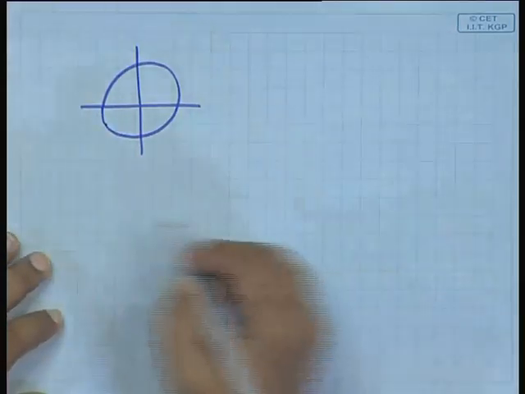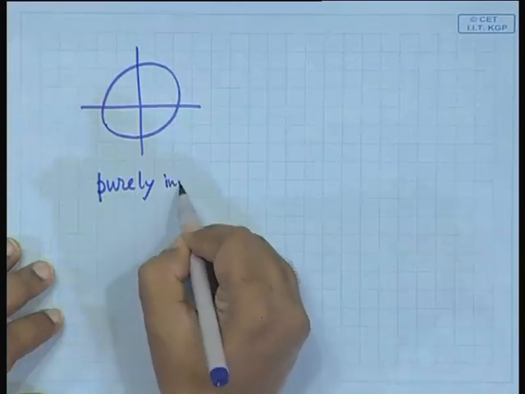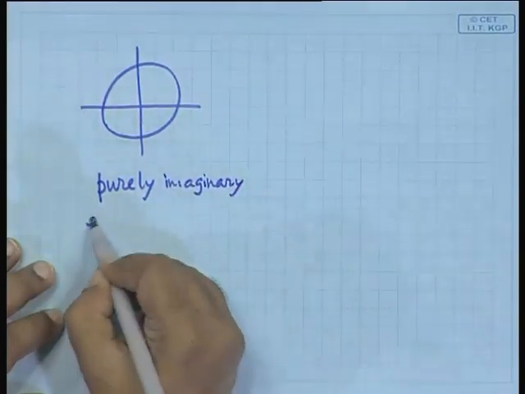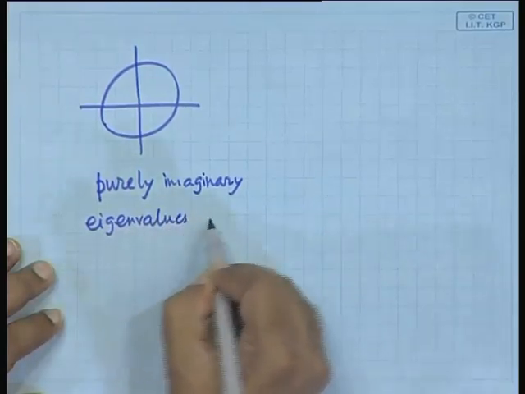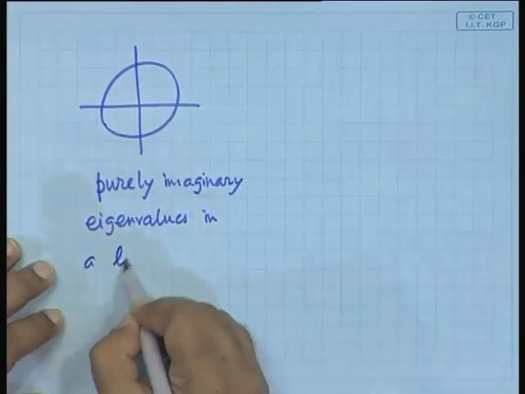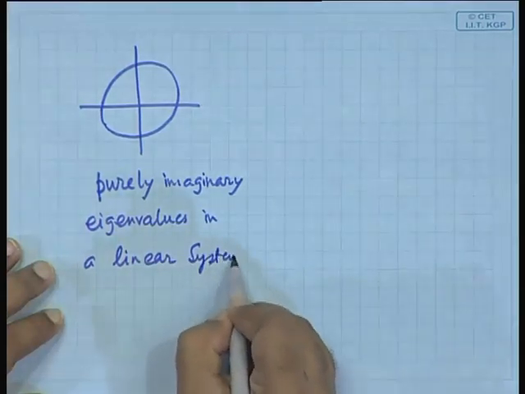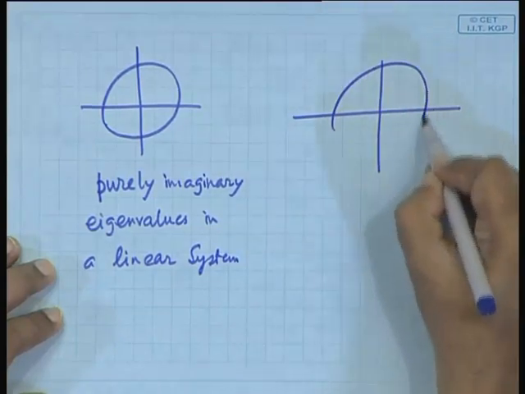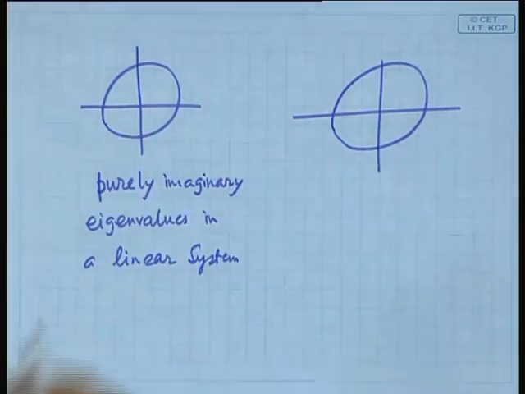So, this is purely imaginary eigenvalues in a linear system, and second is the limit cycle, which also looks similar. So, is there any difference between them?